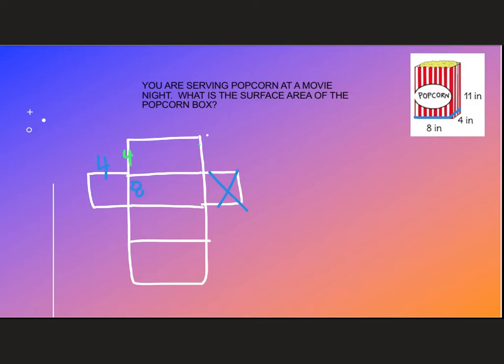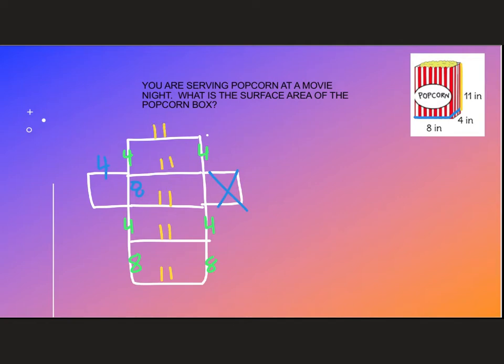So this would be 4, this would be 4, 8 would be down here as well. This would be 4, this would be 4. A whole bunch of spots would be 8 and 4s. Then the final thing we still need to label is our 11 there. 11 is going to be the long side for all of these. That's the height of the bag.